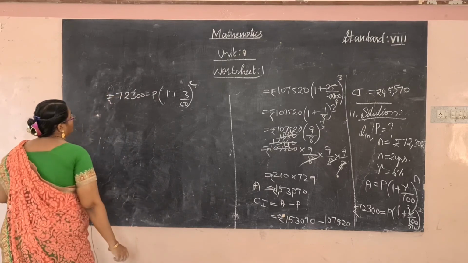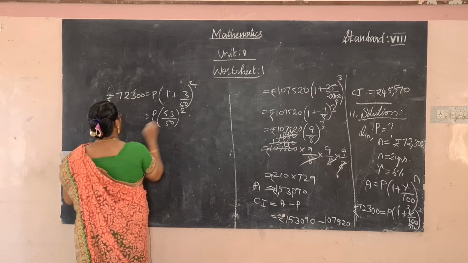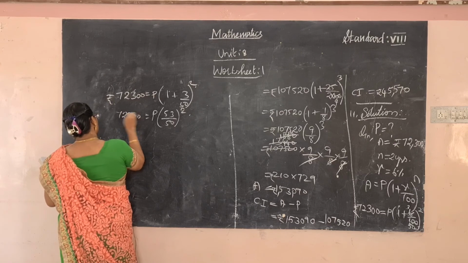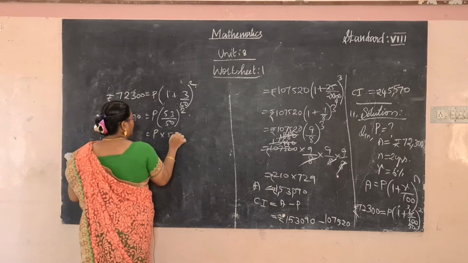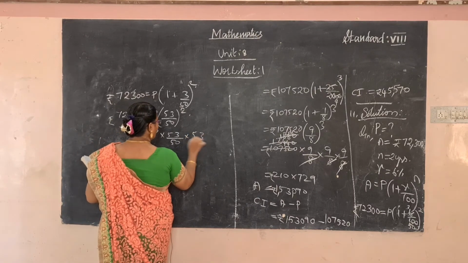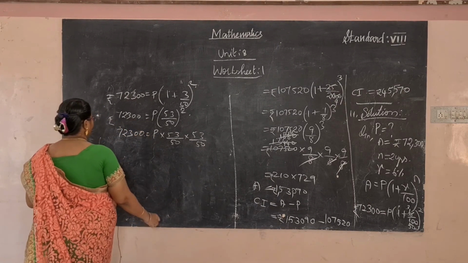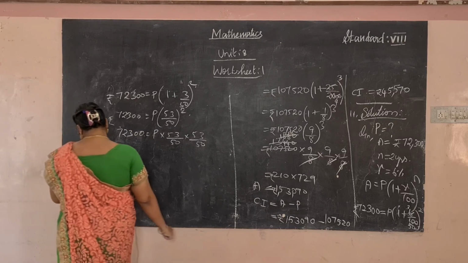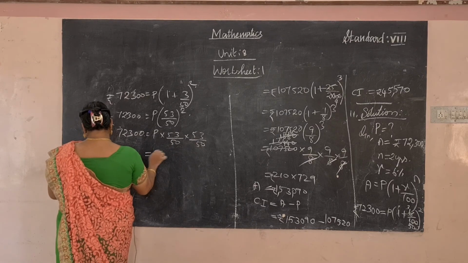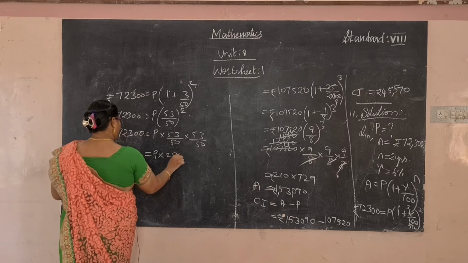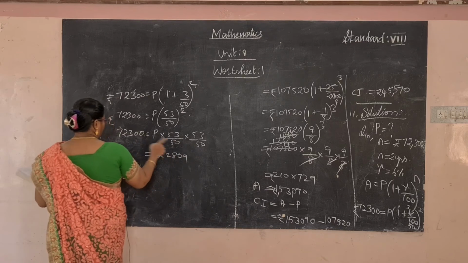So P of 53 by 50, the whole power 2, equals 72,300. Now it can be written in expanded form: 53 by 50 into 53 by 50. Now multiply the numerator values: P into 53 into 53 is 2809. And here 50, so come to this side, 50 fifties are 2,500.